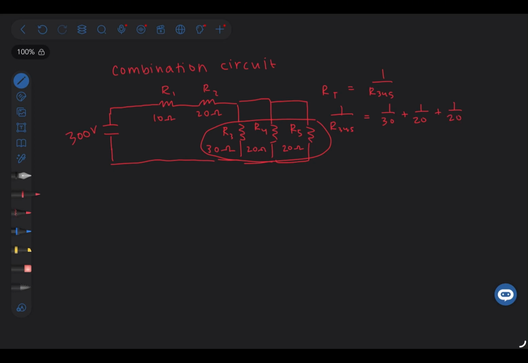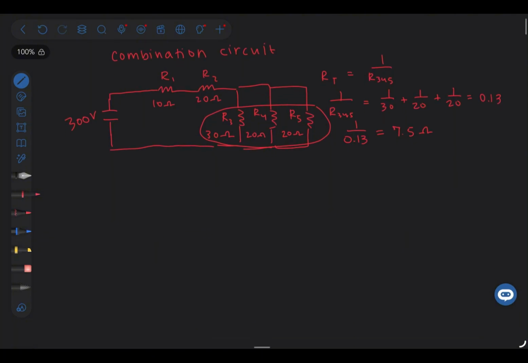Okay? And you should get 0.13. So then we're going to do 1 over 0.13. You should get about 7.5 ohms. So that's your total resistance.